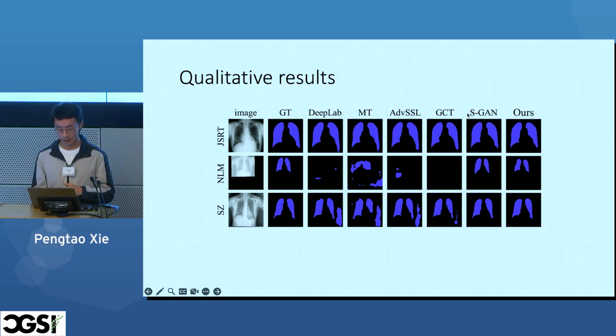These different methods, DeepLab, and also these semi-supervised learning methods, basically fail on this example. And our method can successfully recognize these lung regions, even when this test image is quite different from the training images.